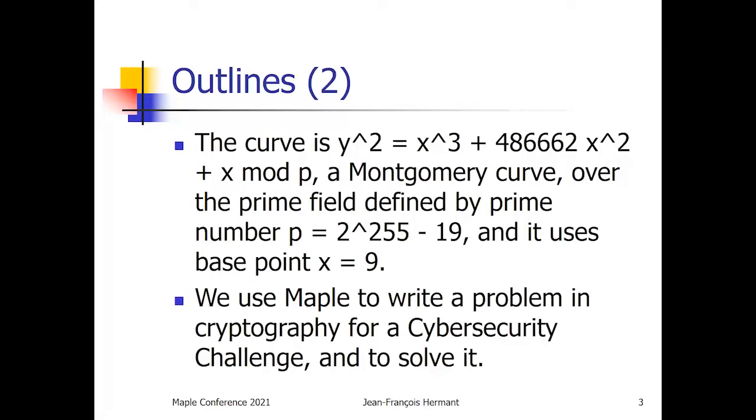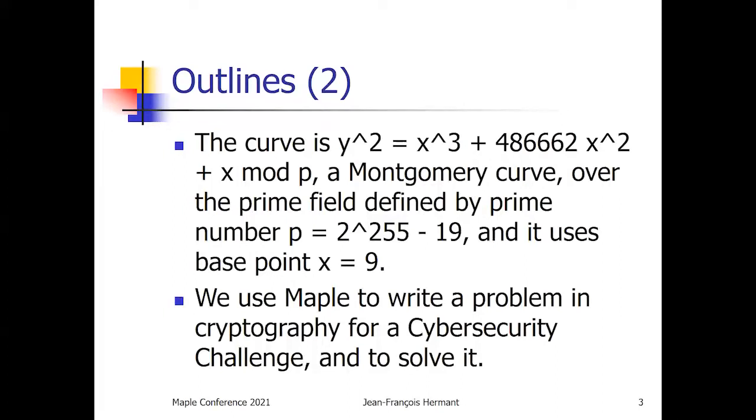The curve is y squared equal to x cubed plus 486662 x squared plus x modulo p, a Montgomery curve over the prime field defined by prime number p equal to 2 to the power 255 minus 19, and it uses base point x equal to 9.